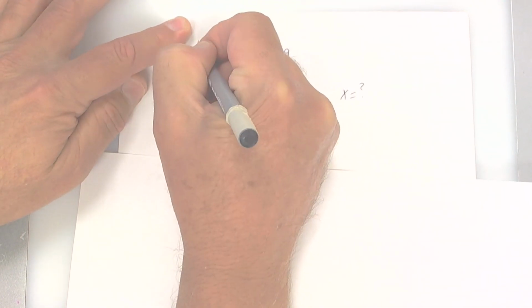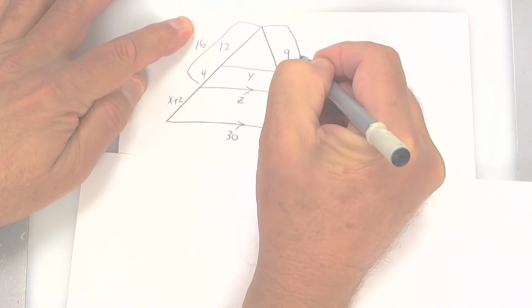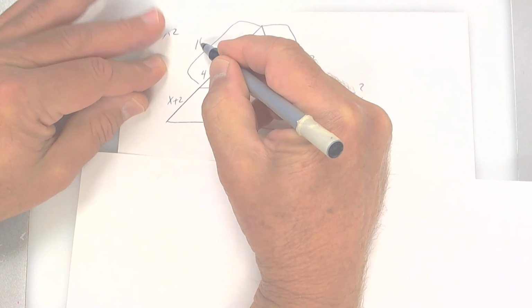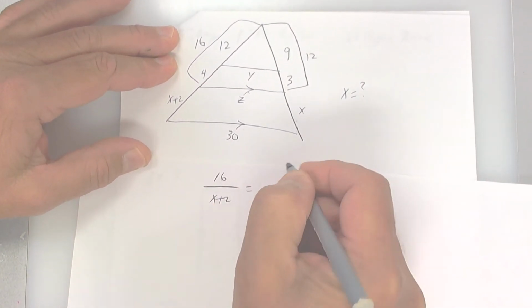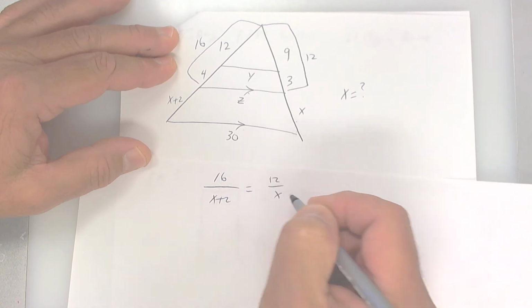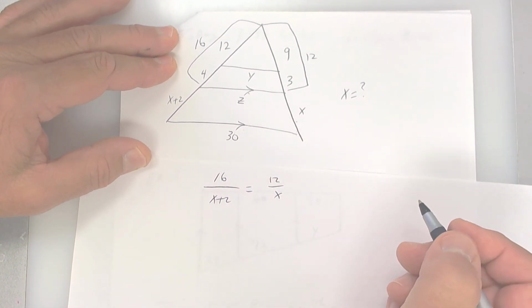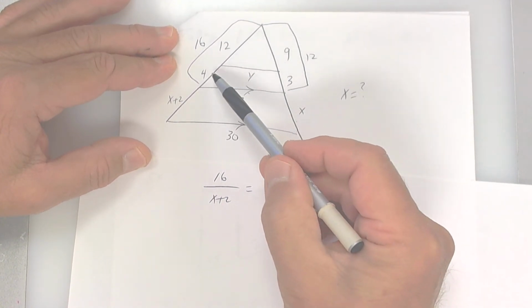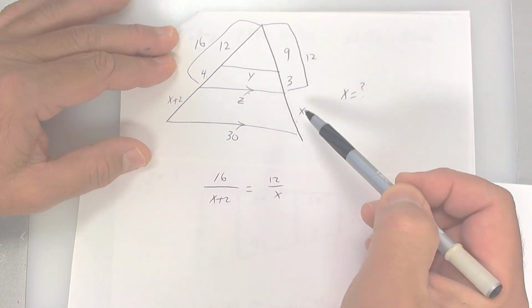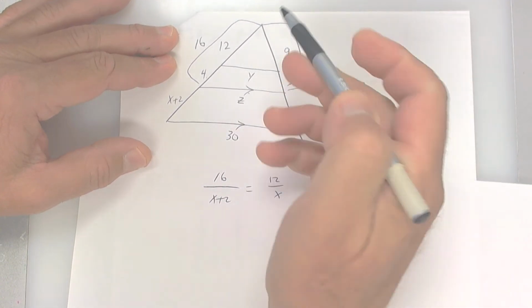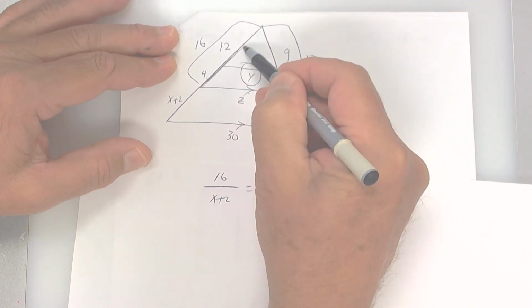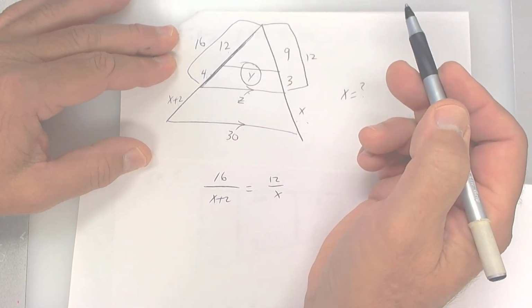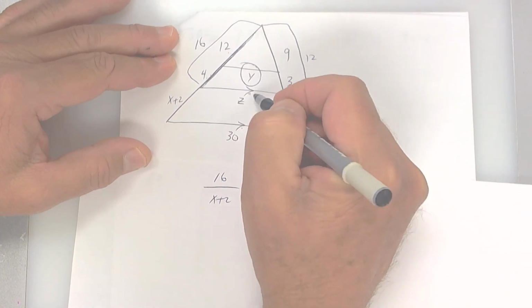So you could say 16, and then here you could say 12. So here you could say top over bottom equals top over bottom, just like that. Again, I want it to go 4 over this equals 3 over this, but this y right here is not parallel. So you got to use all of this, and you got to add these up. It's got to be the parallel pieces.